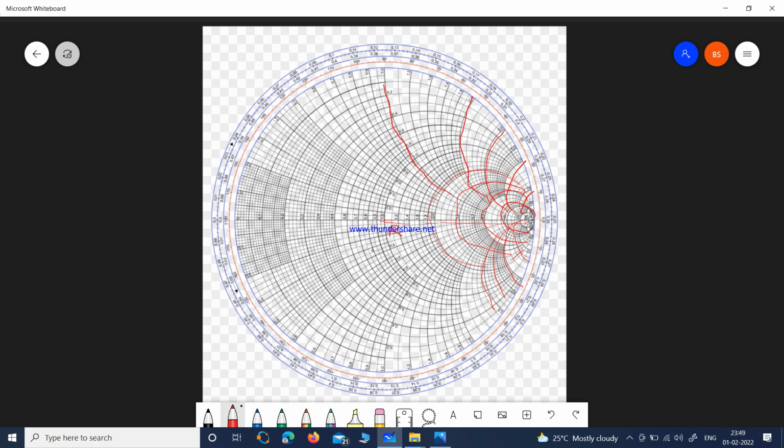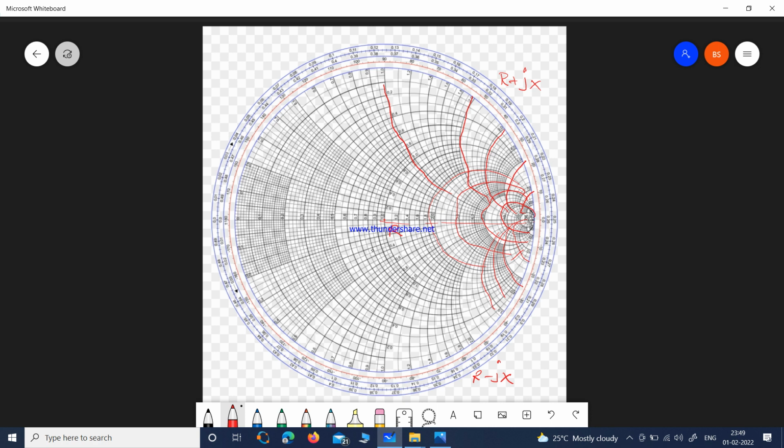Similarly, we have a reactance circle. In the upper part you have inductive reactance, so you can say R plus jX, and the lower part is capacitive reactance, which is R minus jX. So whenever you are getting the value of impedance, accordingly we need to plot.